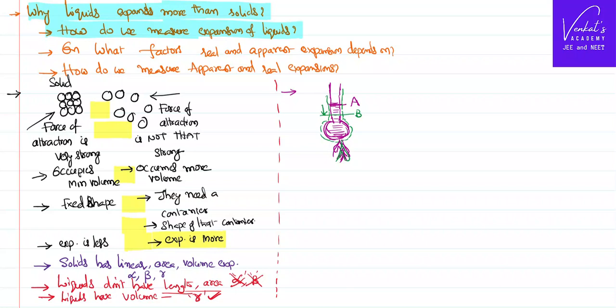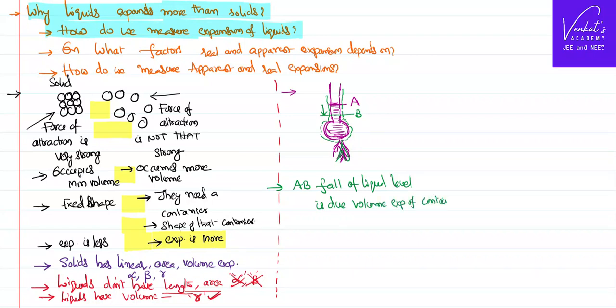So why has the liquid level fallen down from A to B? A to B fall of liquid level is because of volume expansion of the container.